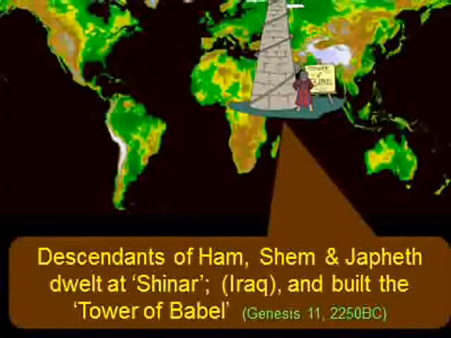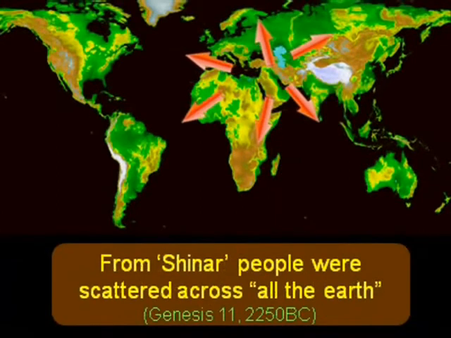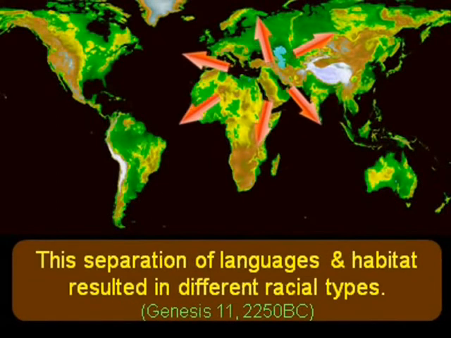The descendants of Ham, Shem and Japheth dwelt at Shinar, which is in modern Iraq, and built there what the Bible refers to as the Tower of Babel. From Shinar, people were scattered across all the earth. The separation of languages and habitat resulted in different racial types.